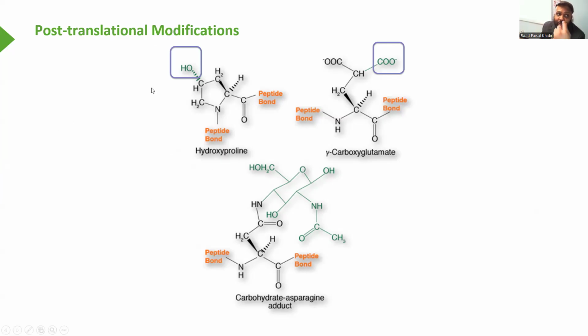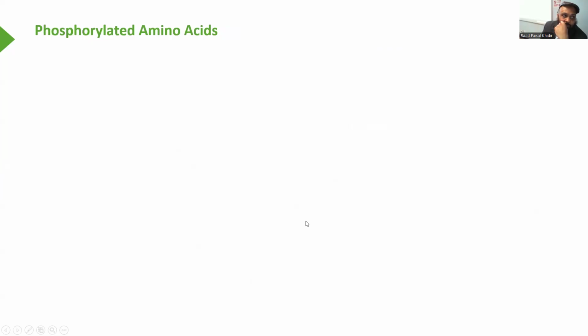What's another type of post-translational modification? Hydroxyproline. You have a proline with a hydroxyl on it. Carboxyglutamate. That means you had glutamate and we added to it a carboxylic group. Carbohydrate asparagine adduct. So you add an entire carbohydrate asparagine adduct to this particular amino acid.